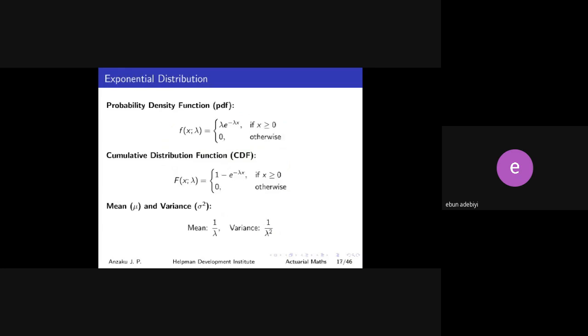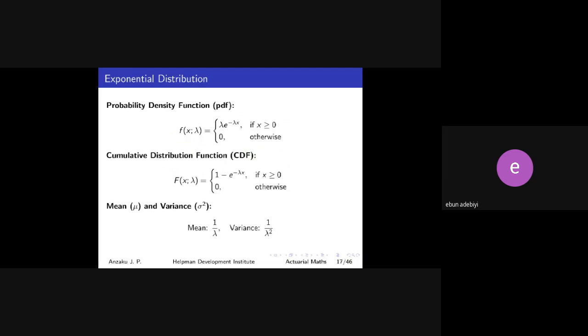Now, for the exponential distribution, it arises from the exponential function, and then it has one parameter. It is parameterized by lambda, and remember, lambda is the rate.